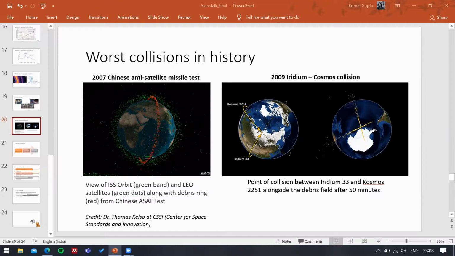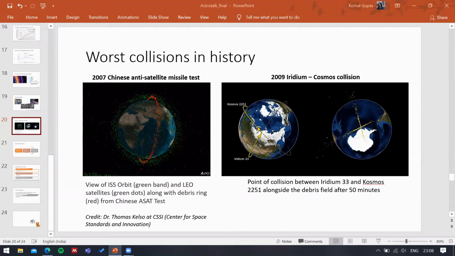But once again, because of the sheer number of such objects, it's very difficult to track each and every one. We cannot really keep our eyes on all of them, because just to give you this one number I have here, there are more than 900,000 debris pieces greater than 1 centimeter, and this is data according to 1 January 2019.